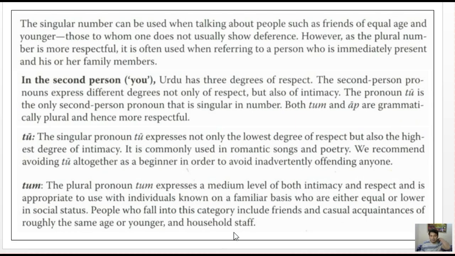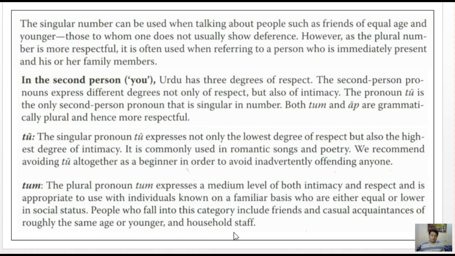So singular number can be used when talking about people such as friends of equal age and younger, those to whom one does not usually show deference. However, as the plural number is more respectful, it is often used when referring to a person who is immediately present and his or her family members.